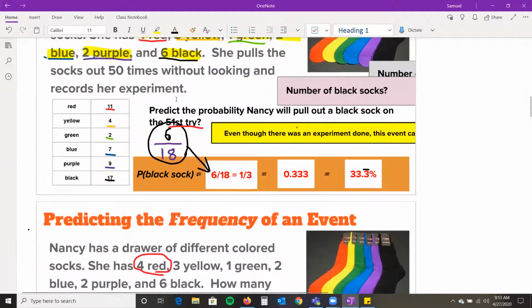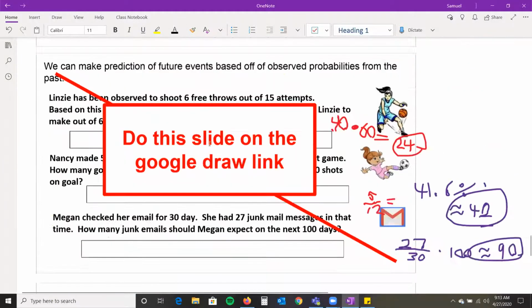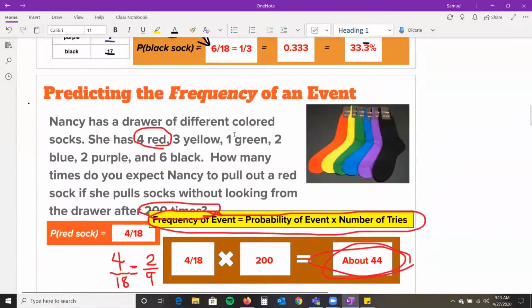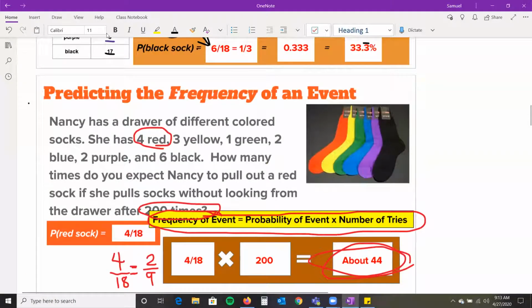But if we didn't, then we would have to base it off of the results that we got. Okay, so experimental probability is only based off of the results of the experiment. Okay, so if we, and again, it won't let me black this out for some reason. Let me click draw. Maybe that'll work.